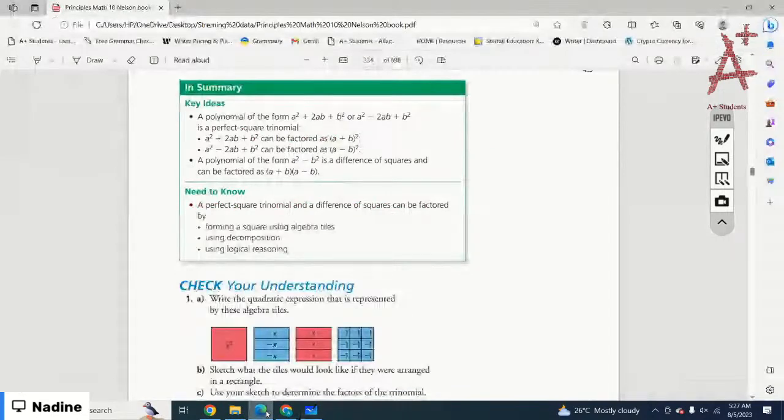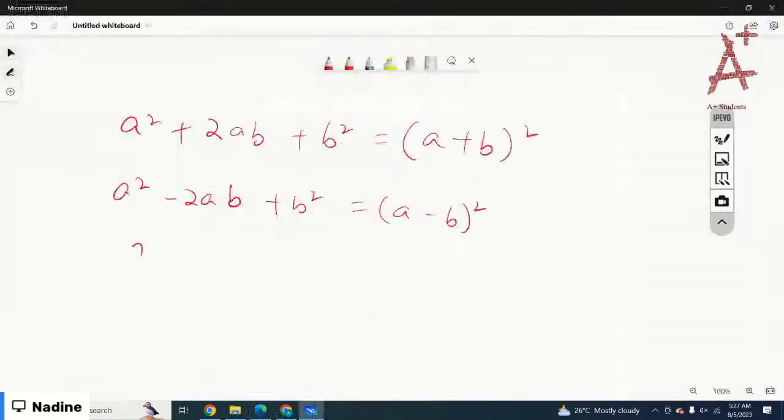A polynomial of the form a square minus b square is a difference of squares and can be factored as a plus b and a minus b. You can make factors like a plus b and a minus b.